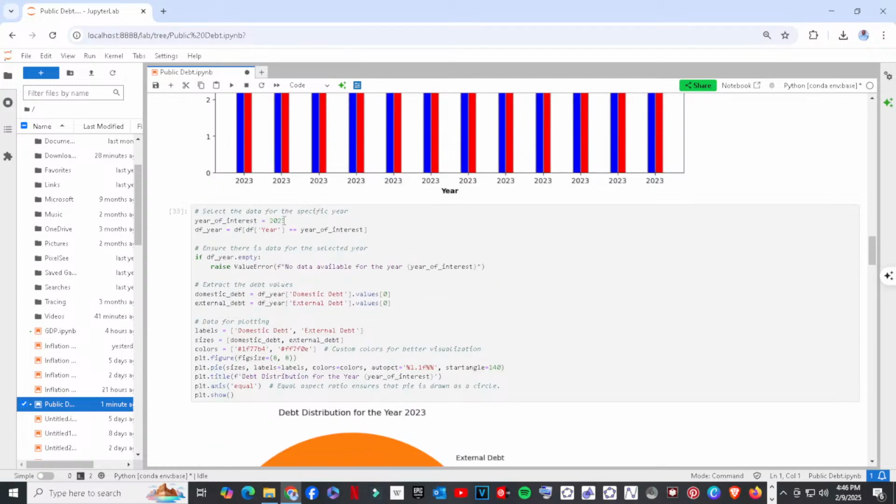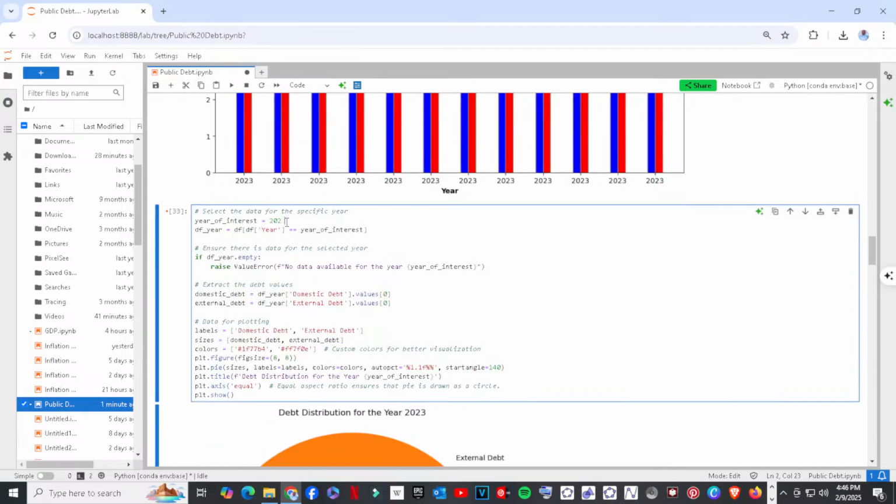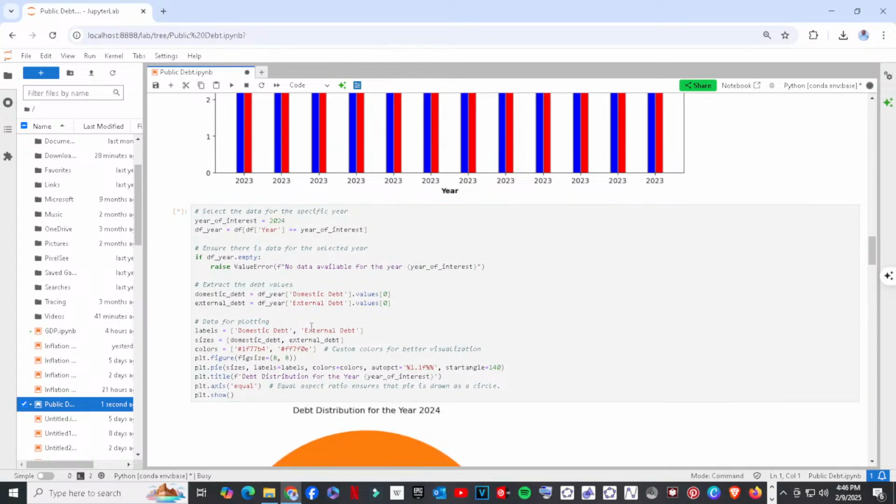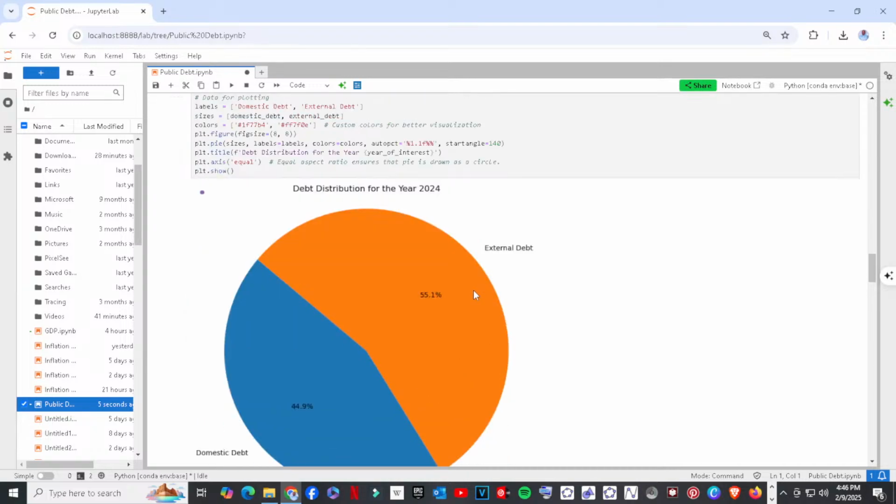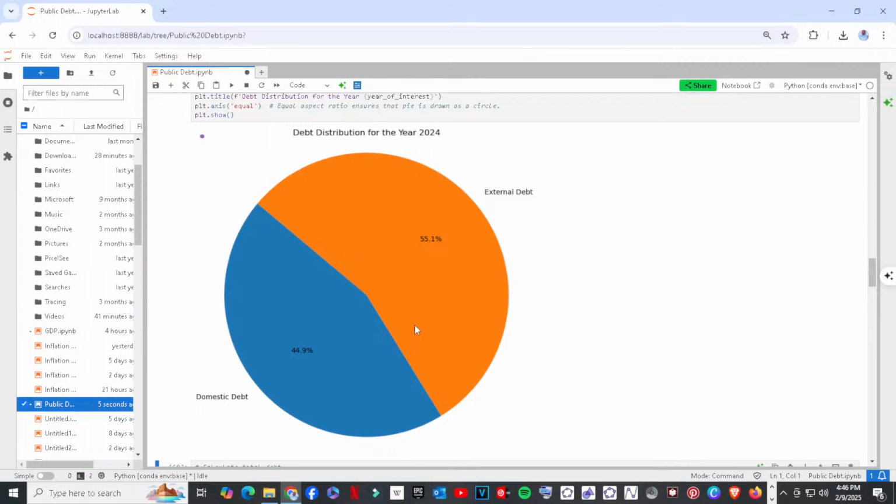Now, do we have data for 2024? Let me see if it's there. Yes, we have data up to 2024. Now let's see. By the time we were ending 2024, external debt had grown to about 55.1% of total debt, and domestic debt is about 44.9%.